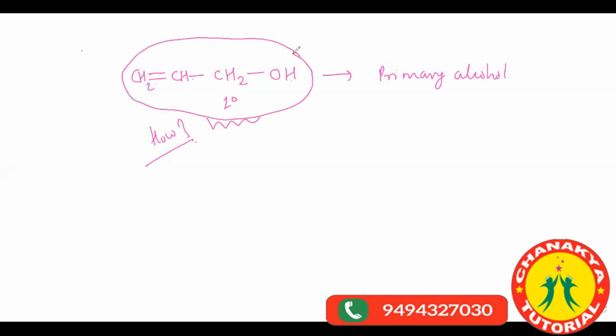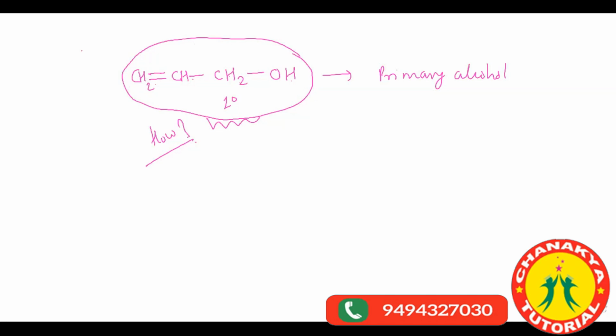But then what am I supposed to do to make it secondary and tertiary? Whether I can convert it into secondary and tertiary or not. If I can, what changes should I make in this compound? By resonating it and shifting the CH2 group at the end? No, beta. What changes are we supposed to make?